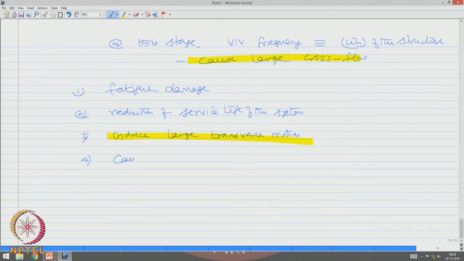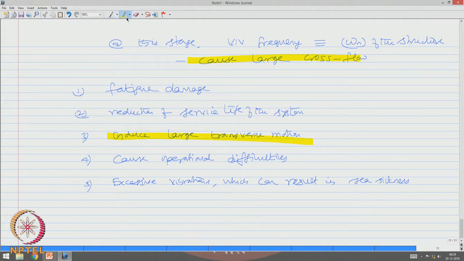It can cause operational difficulties, the operability of the platform can be challenged, and it can cause excessive vibrations, which can result in seasickness. So, that can be one of the consequences on humans on board.